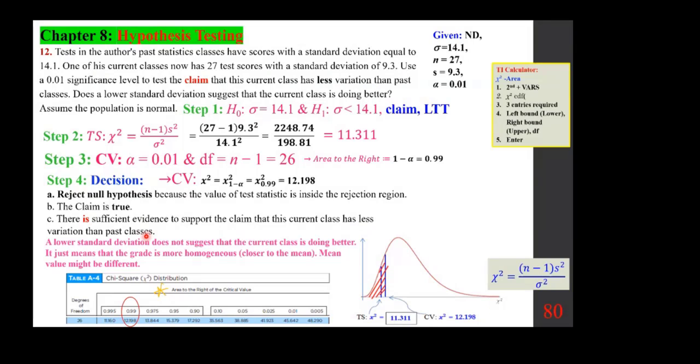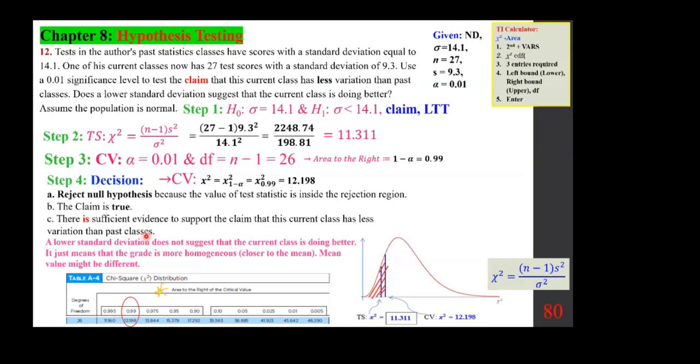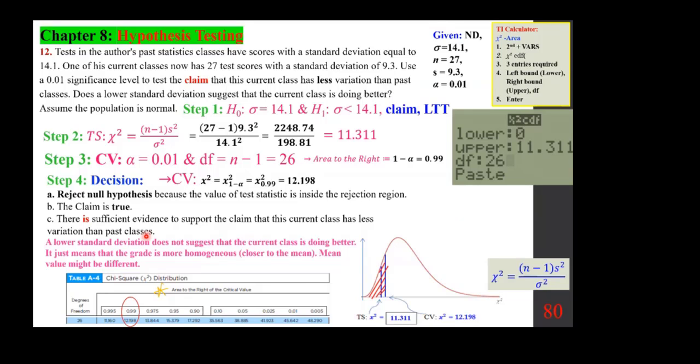Now, let's go with a calculator and see how we approach that. If we were doing it with technology, you can calculate the p-value as follows. You want from 0 to 11.311 with degrees of freedom of 26, chi-squared CDF.